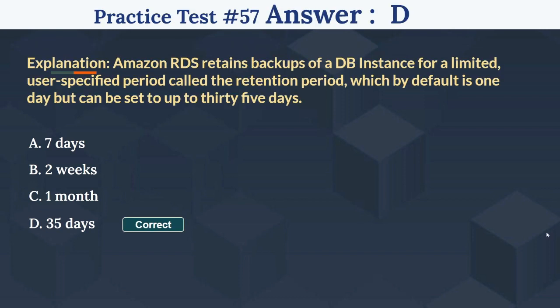So the right answer is D, 35 days. Amazon RDS retains backups of a DB instance for a limited user-specified period called the retention period, which by default is 1 day but can be set to up to 35 days. Let's move to the next question.